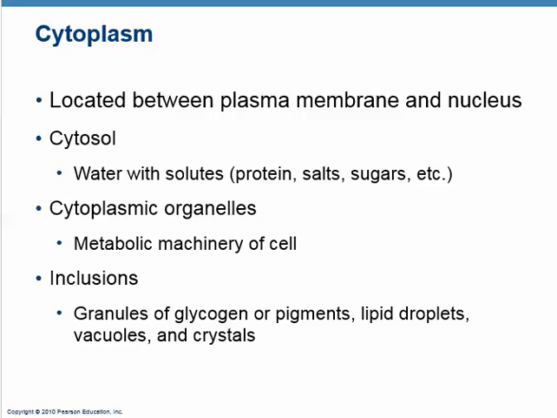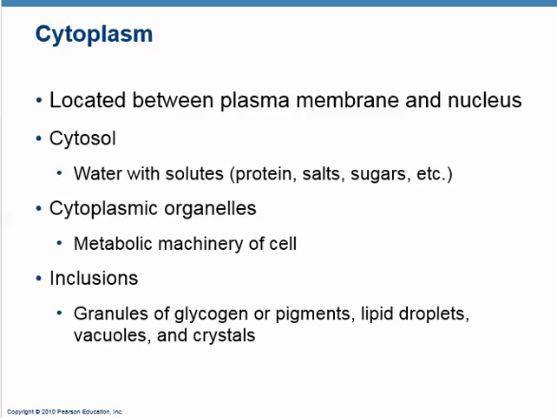It's water with a bunch of solutes, things that are dissolved in it, with inclusions, with organelles, and so it's a mixture. Some of the mixture is colloidal, some of the mixture is solution, and some of the mixture is just suspension. So it is complex.